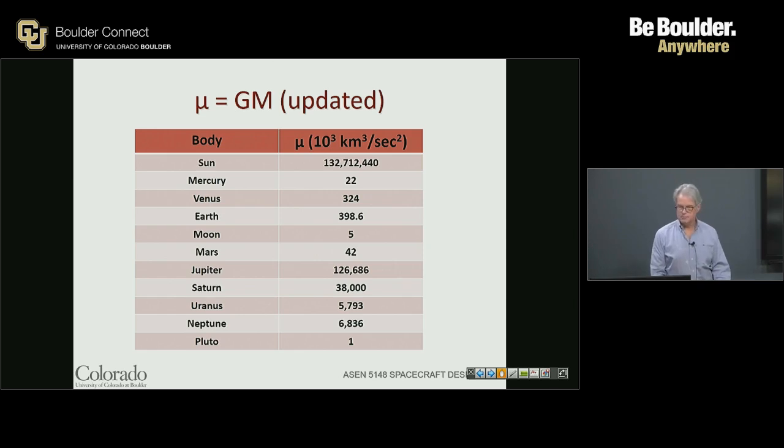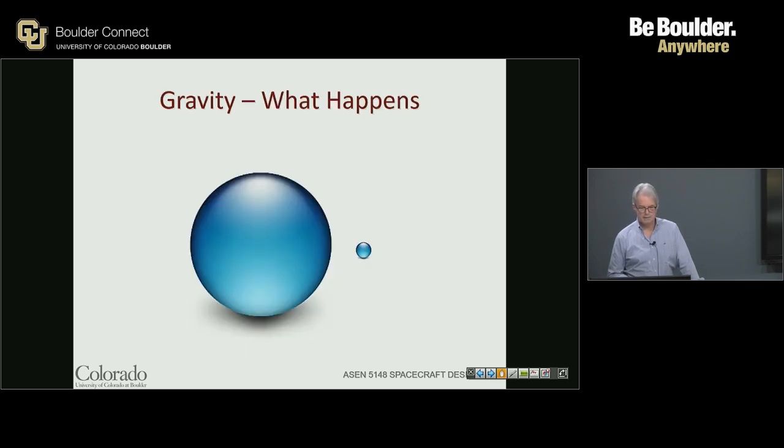The Sun, with its physical mass, is many orders of magnitude larger than any of the planets, and it becomes the dominant body in that area. So what happens if we put a small satellite out next to a planet at a particular altitude, in this case let's call this H.